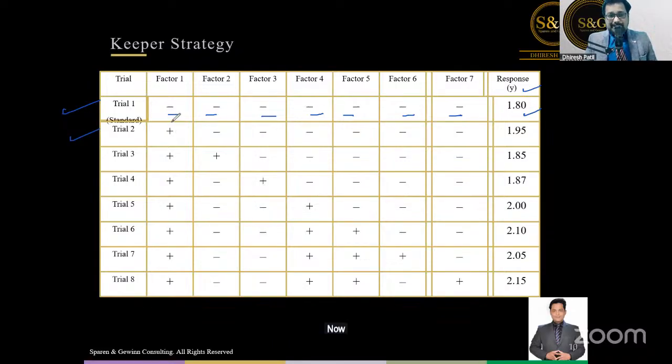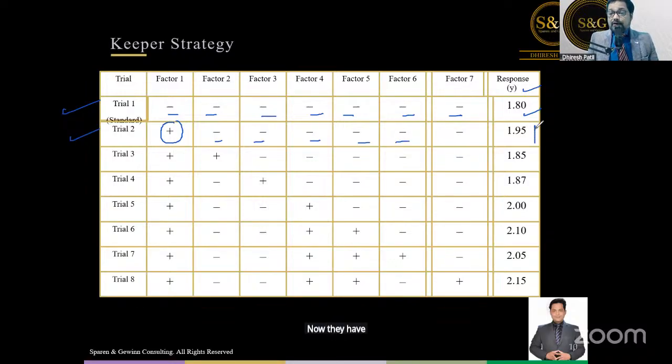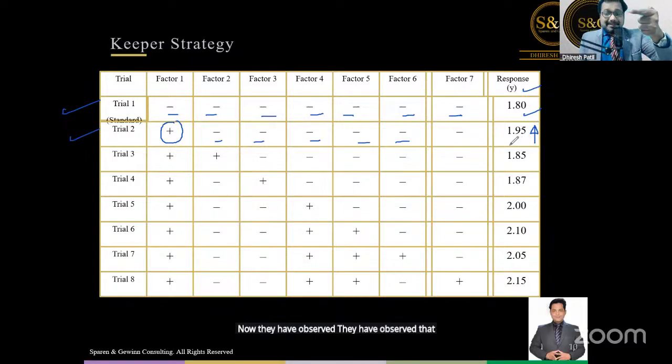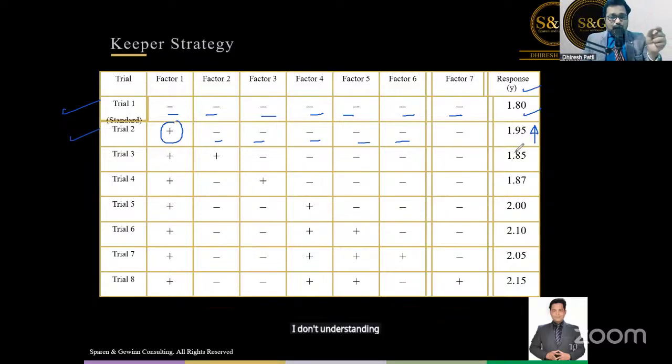Now, they change the first factor to plus and then remaining will be all negative. Now they have observed that there is some improvement in the response. Are you understanding? Once I run this, they observe some improvement in the response.